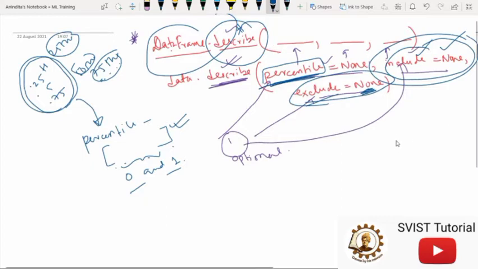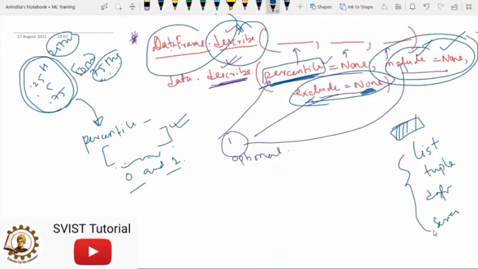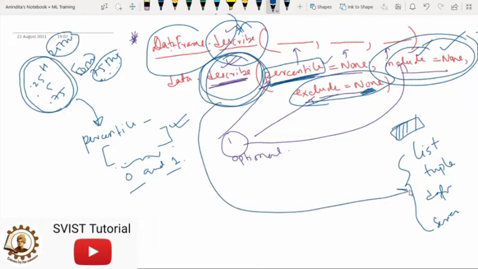In the very first video lecture, I mentioned all of the data types: we have list, tuple, data frames and series. I have explained everything. So this describe function returns the statistical summary of data frame or series types. This thing you have to remember.